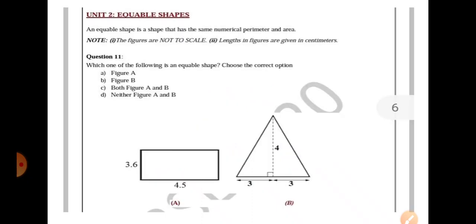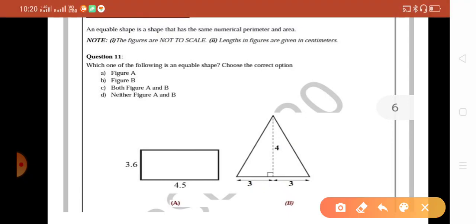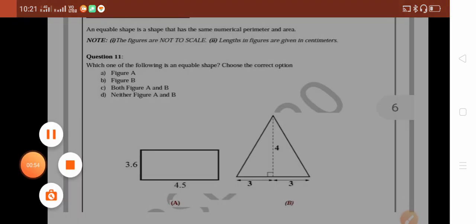The first question is based upon equable shapes, and the definition is given there that an equable shape is a shape that has the same numeral perimeter or area. That means any shape which has the same perimeter and area is known as an equable shape.